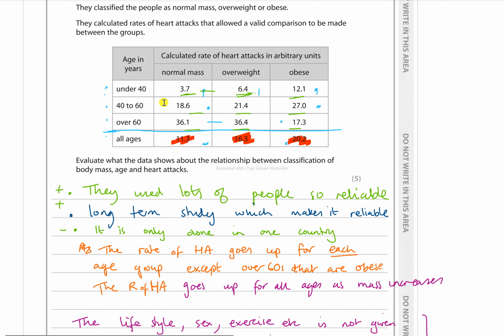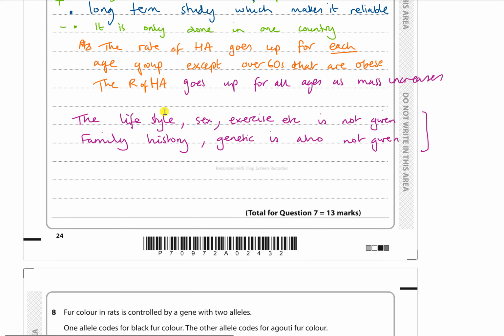Right, let's have a look at what else is there. Look, there's a massive factor in there. If obese and under 40, you are 3 times as likely to have a heart attack. 27, look, that's the highest. So basically age and body mass. So we can write that in.